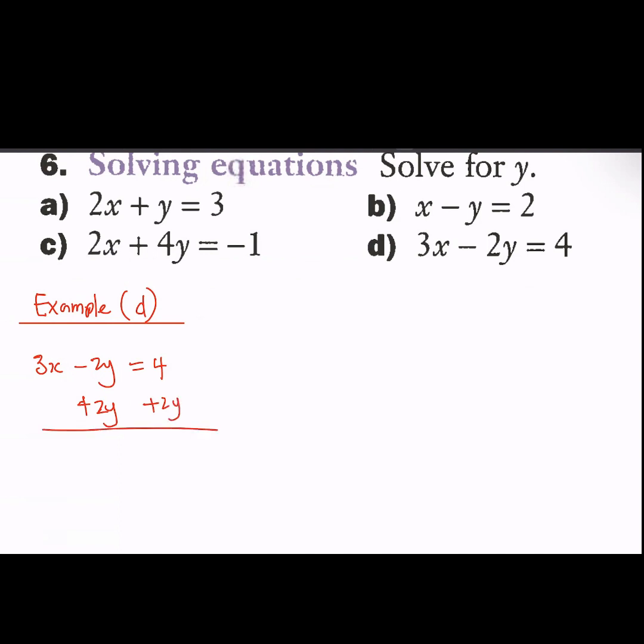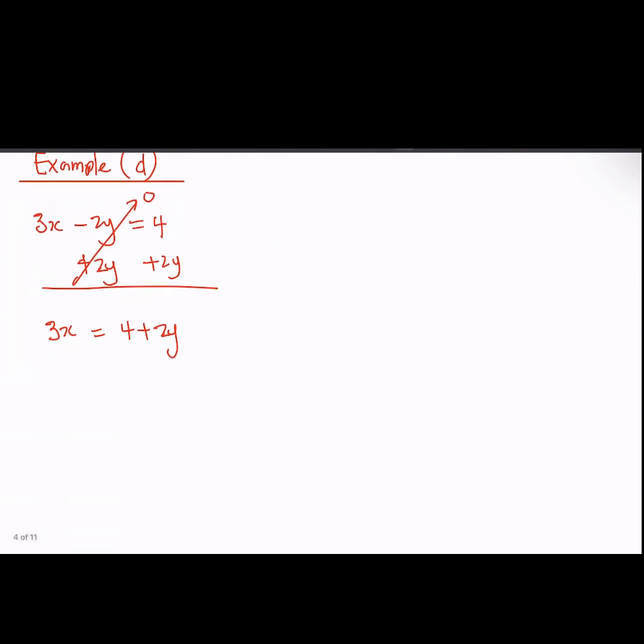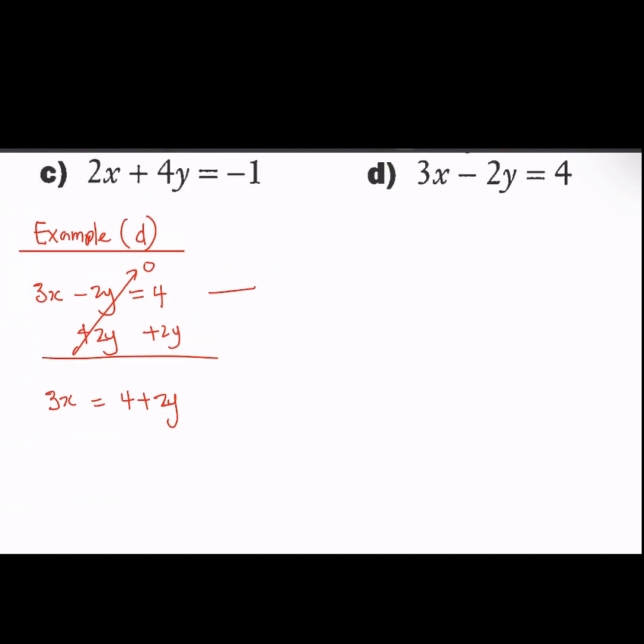When you do so, this is clearly a 0. So this is 3x is equal to 4 plus 2y. And the goal is to solve for y in this case.